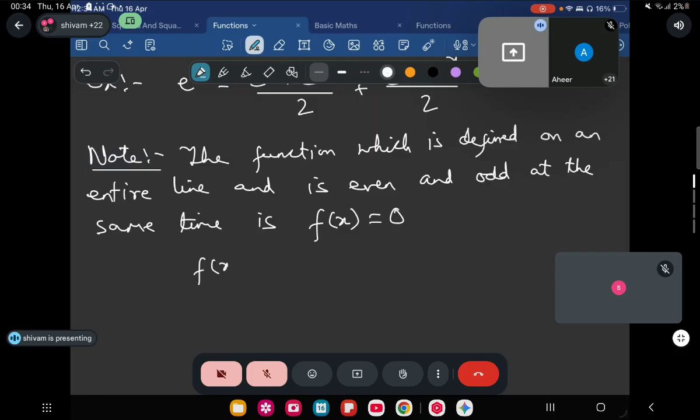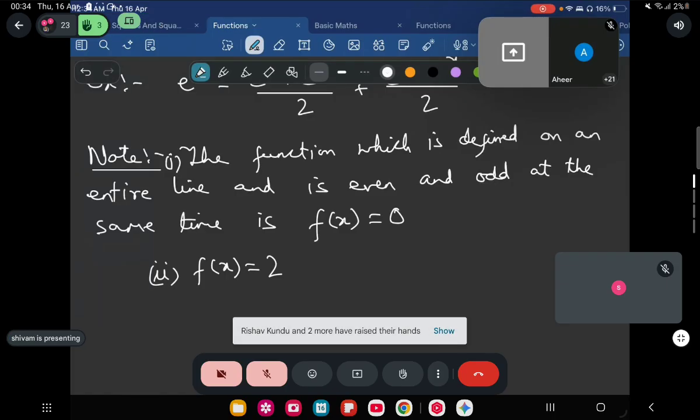f of x equal to 2 is part 1. Part 2. f of x equal to 2 is odd or even? Raise your hand. What do you think? Yes, Shrijita, tell me.